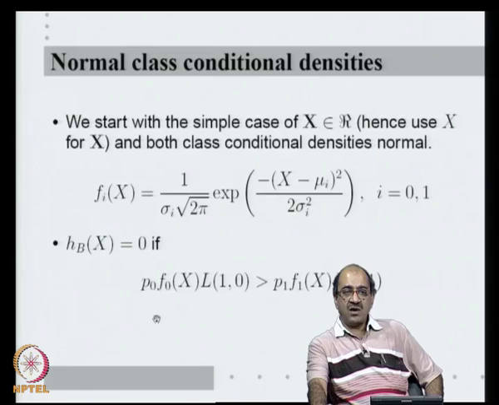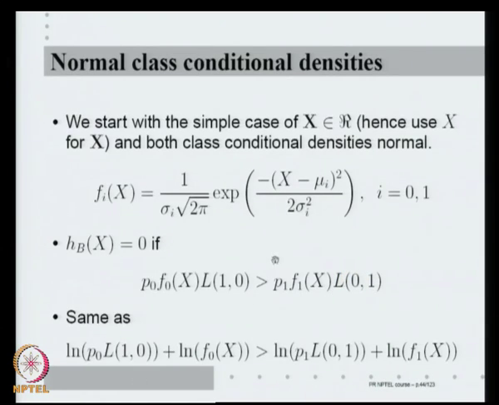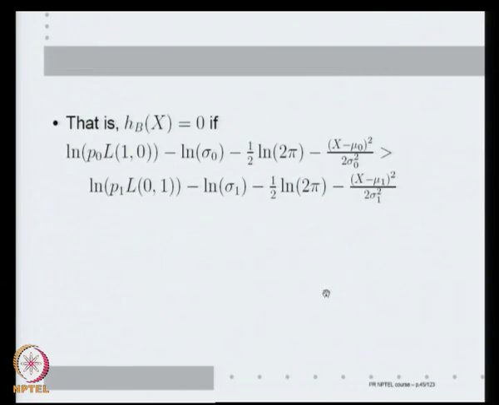Since ln or log is a monotone function, this will be the same if I take log on both sides: ln of P0 L10, those are constants, I will take note of them separately, plus ln of f0 is greater than ln of P1 L01 plus ln of f1. What did I gain by choosing ln? Because the class conditional density involves an exponential, by taking ln, I will get a simple linear or quadratic expression in x. Let us explicitly write this and see what it looks like.